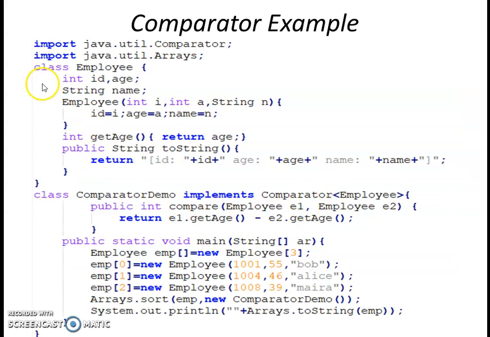So in this code we have one class named employee, and first two statements are import statements. We are importing java.util.Comparator because this comparator is present in util package. Next import is we are importing Arrays from util package.